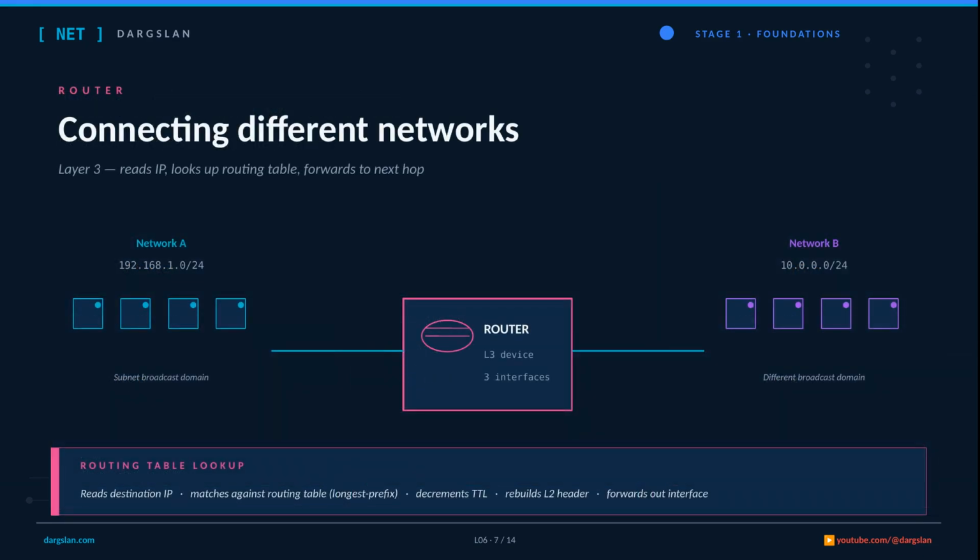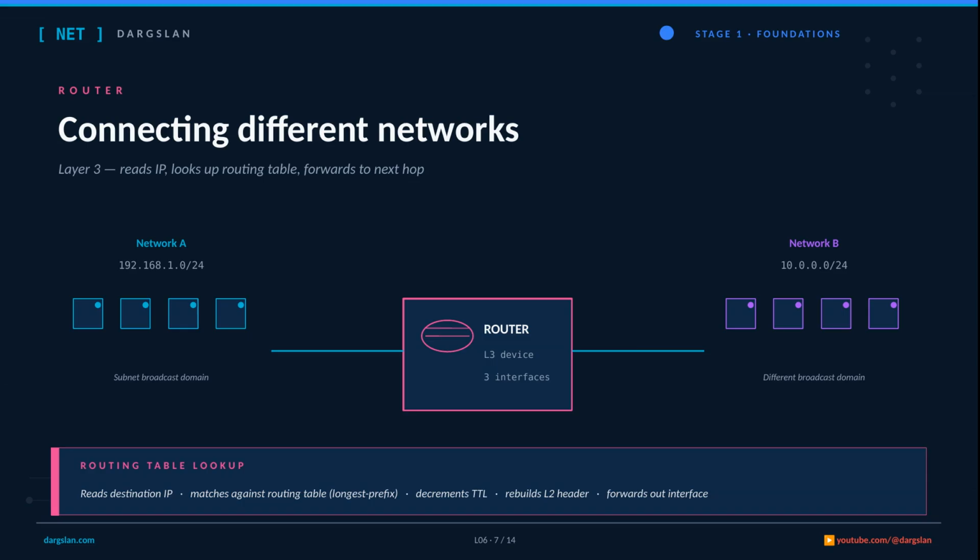And once we step above layer 2, we meet the router, the device whose entire job is connecting different networks together. Here, network A on 198.168.11.0/24, and network B on 10.0.0.0/24 live in completely separate broadcast domains, and the router is what lets them talk.